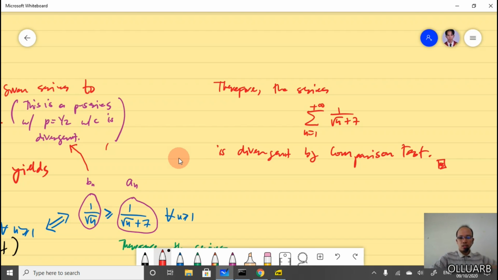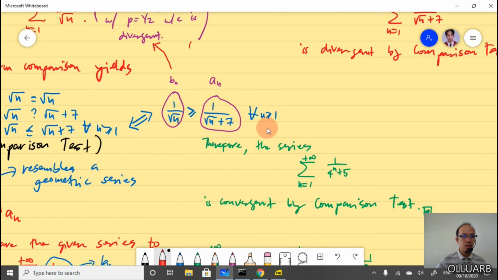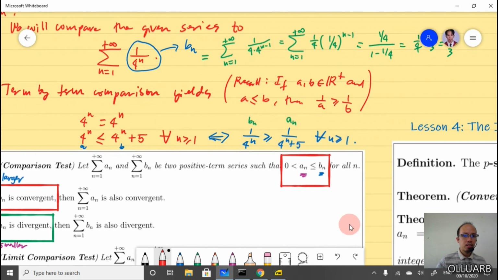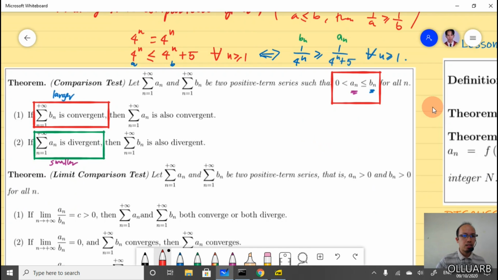That's how you are going to use the comparison test, or in some other books, the direct comparison test.